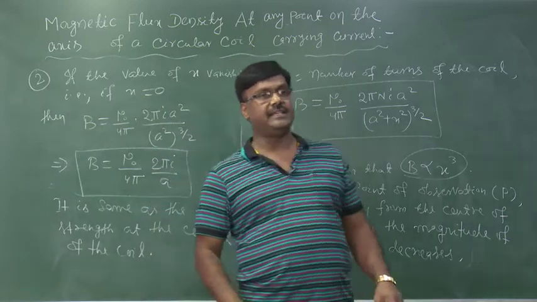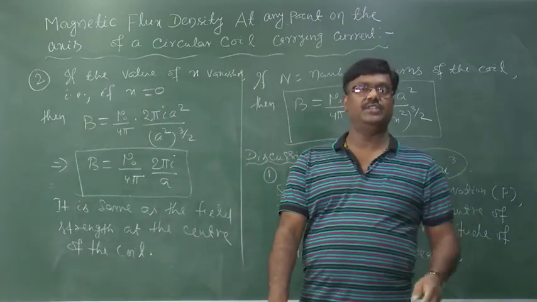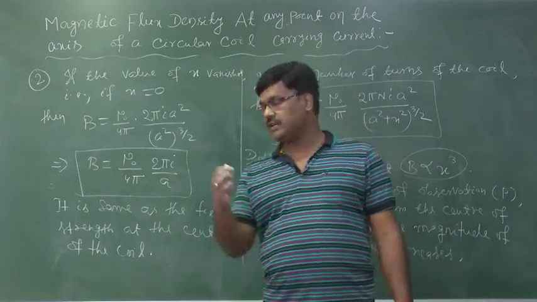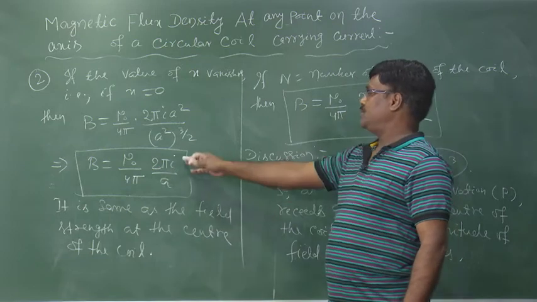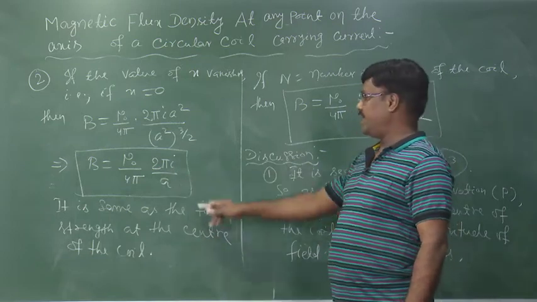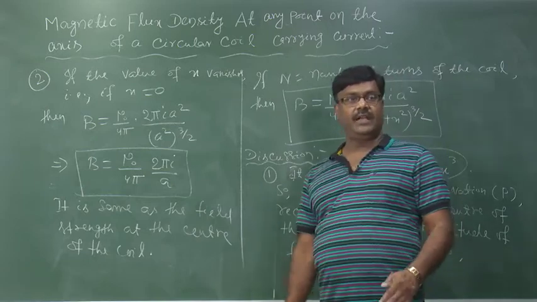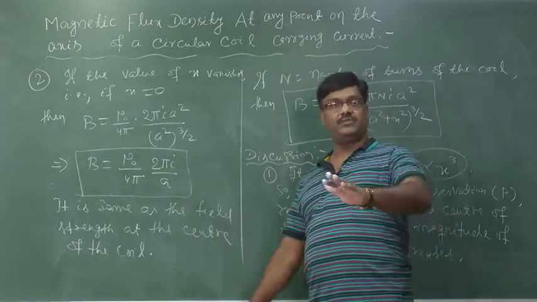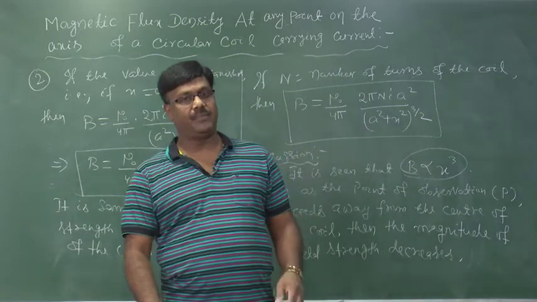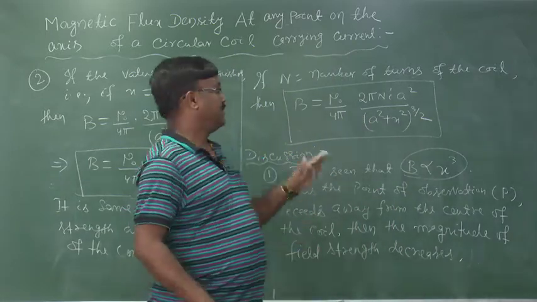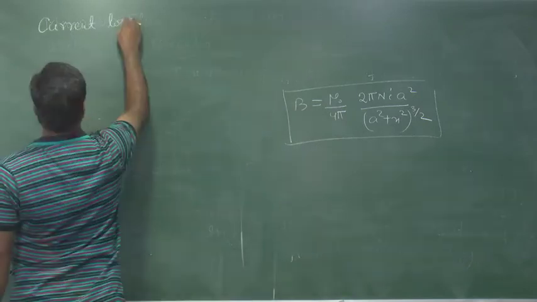If x vanishes, then the point of observation P shifts towards the center of the coil, and we get the value of B as mu 0 by 4 pi, 2 pi I by A, where A is the radius of the circular coil. And it is same as we have obtained previously in case of field at a point on the center of the circular coil.